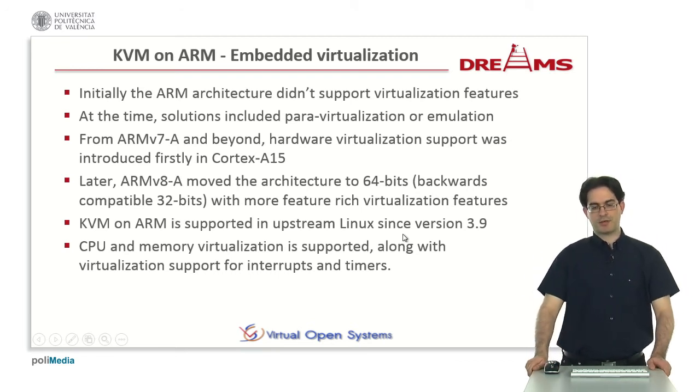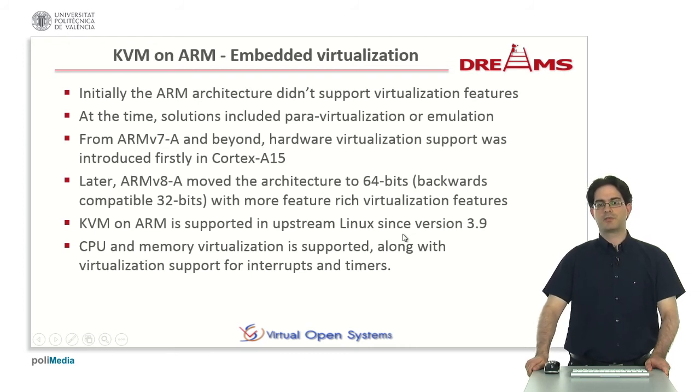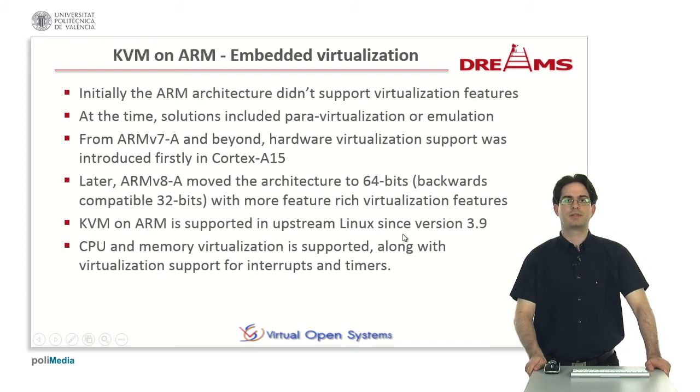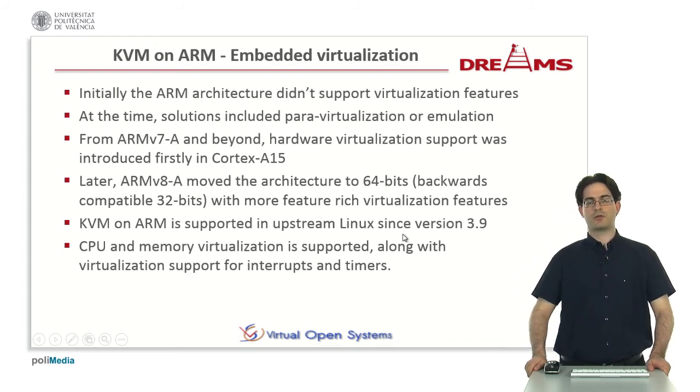Of course, KVM initially started as an x86 only project. It was introduced at version 2.6 only for x86 at the time. But since then, a lot of other architectures have been ported with KVM. Initially, the ARM architecture didn't support virtualization features at all.